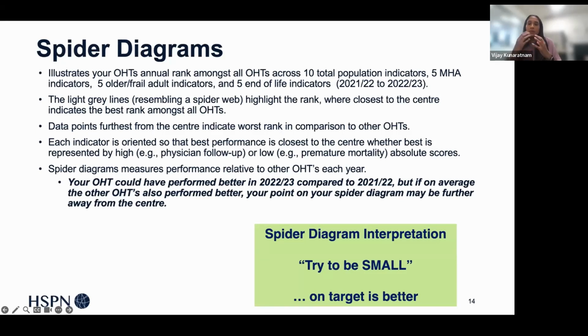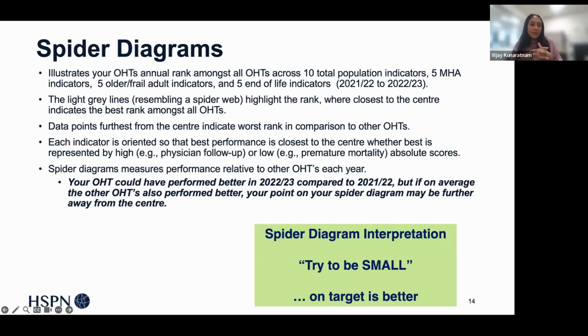They highlight the actual ranks, where closest to the center indicates the best rank among all OHTs, and data points that are furthest from the center indicate the worst rank in comparison to the other OHTs. Each indicator is oriented so that the best performance is always closest to the center, regardless of whether the best is represented by a very high absolute score or a very low absolute score. So we're always trying to get our point closest to the center.